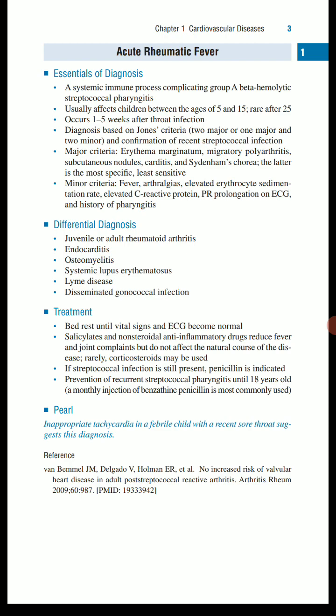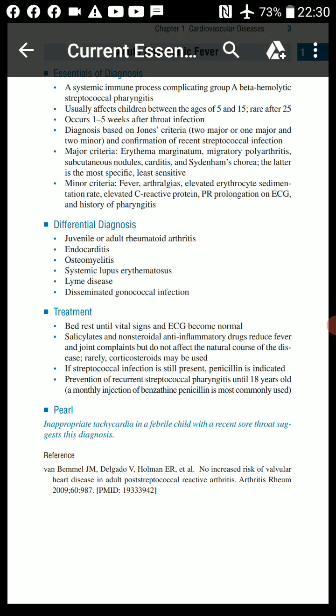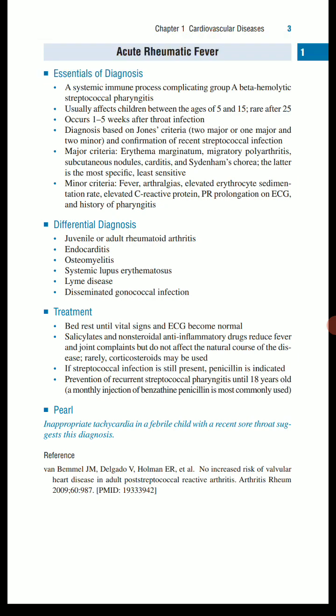And what are the causes? It is a result of a hypersensitivity reaction to group A Streptococcus throat infection. Some of the clinical features: we have arthritis, which may be migratory, asymmetric, and in more than one joint. We have acute rheumatic carditis, which presents with signs of cardiac failure such as murmurs and pericarditis features.